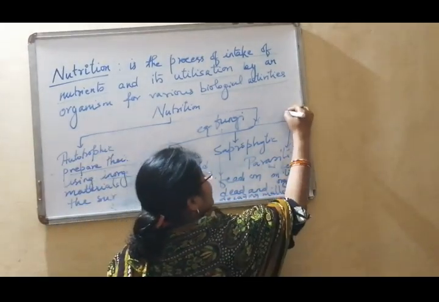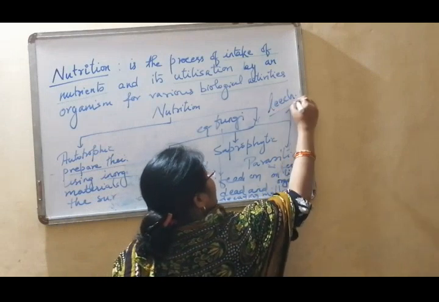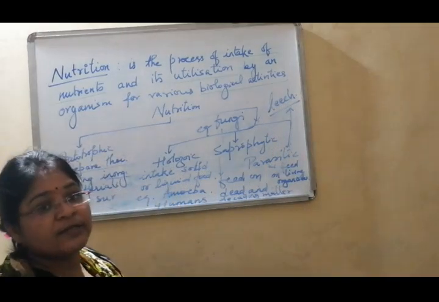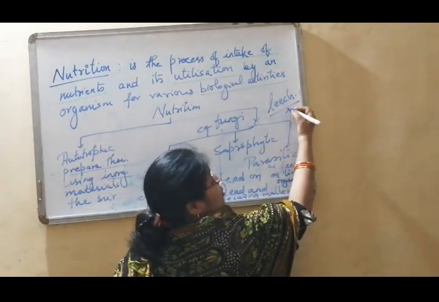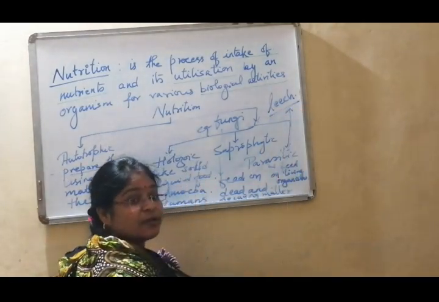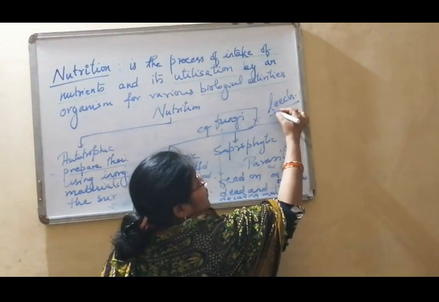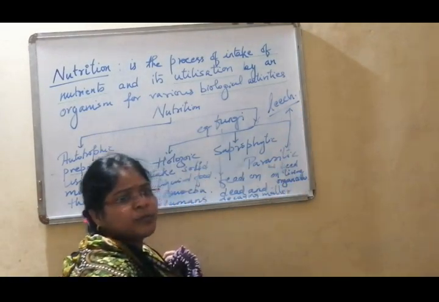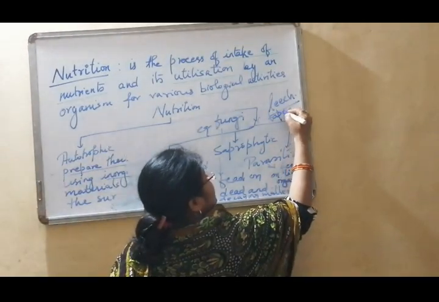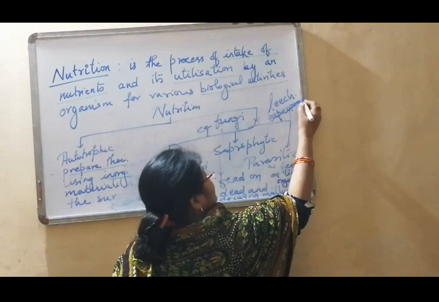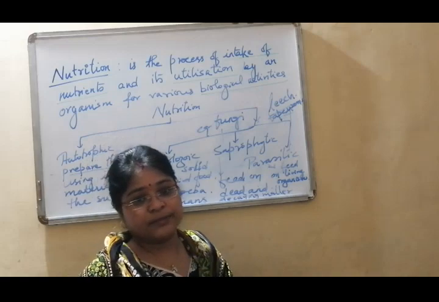One of the best examples that you can quote is the leech. There are various parasites in your body, like various kinds of worms you must have read about in class 9th in your classification chapter. So liver fluke, tapeworm, all these are examples of parasites. They feed on living organisms.